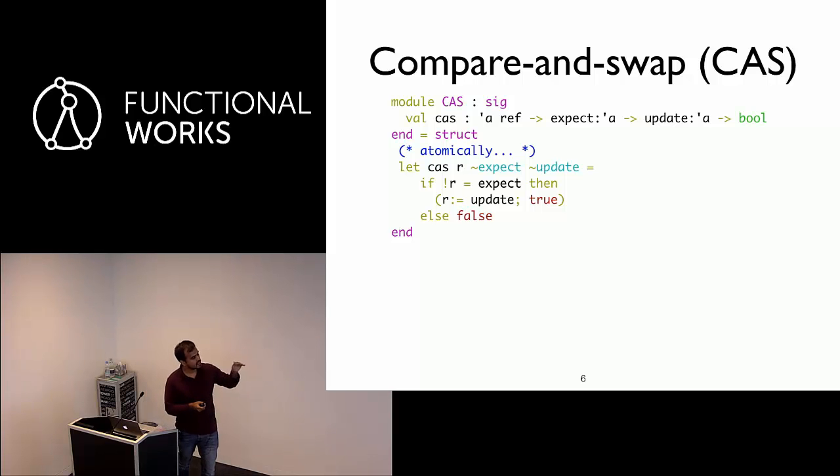It takes in an expected value of the reference and also a value that needs to be written into the reference. What it does is atomically check whether the reference has the expected value, and if so, update the reference to the given value. And if not, it is supposed to fail.